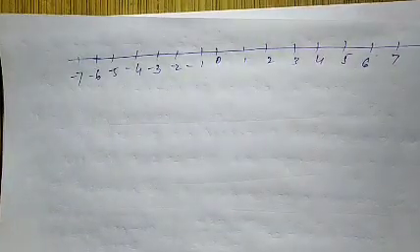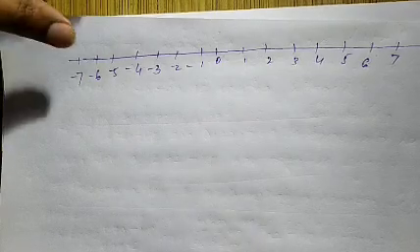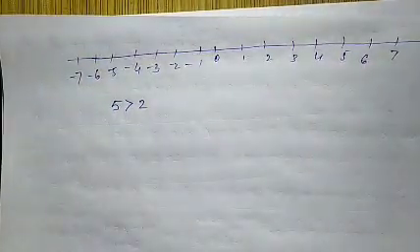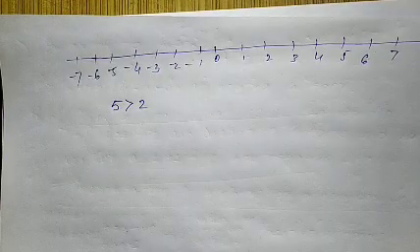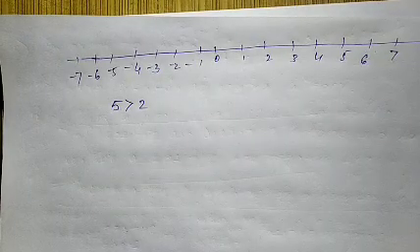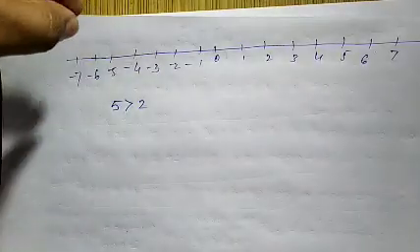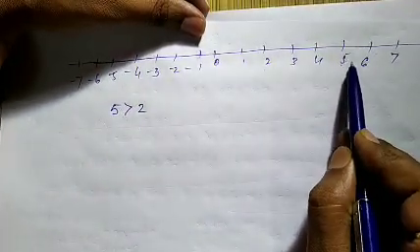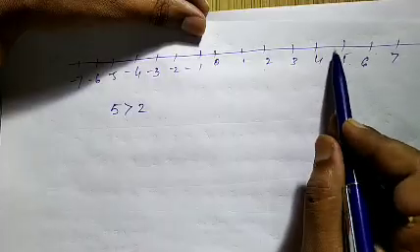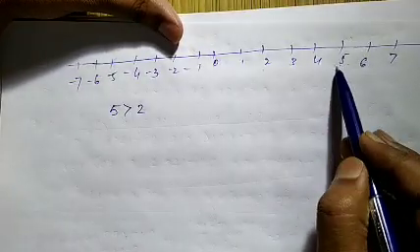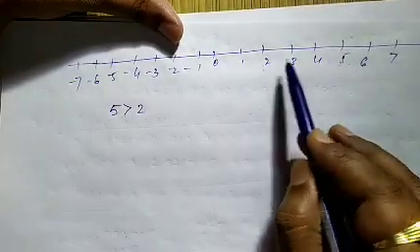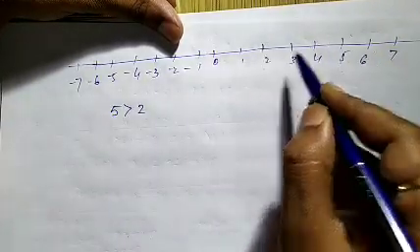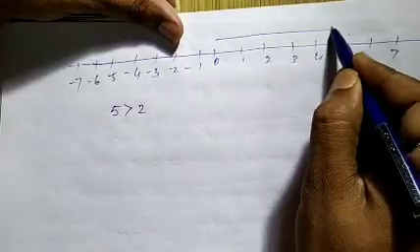Suppose I ask whether 5 is greater than 2 or not. Everyone knows, yes, 5 is greater than 2. So what do we observe here? Where is the position of 5 from 2? You see that the position of 5 from 2 is where? Right side.